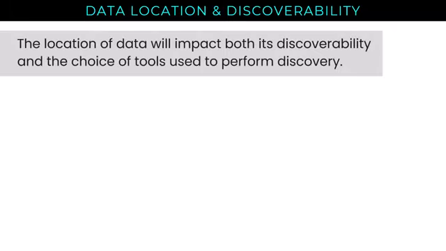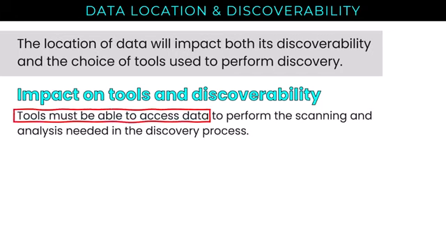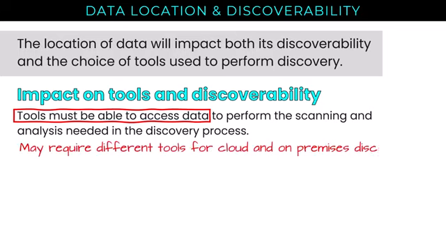The location of data will impact both its discoverability and the choice of tools we use to perform discovery. So tools must be able to access data to perform the scanning and analysis needed in the discovery process, of course. This may require different tools for cloud and on-premises discovery.